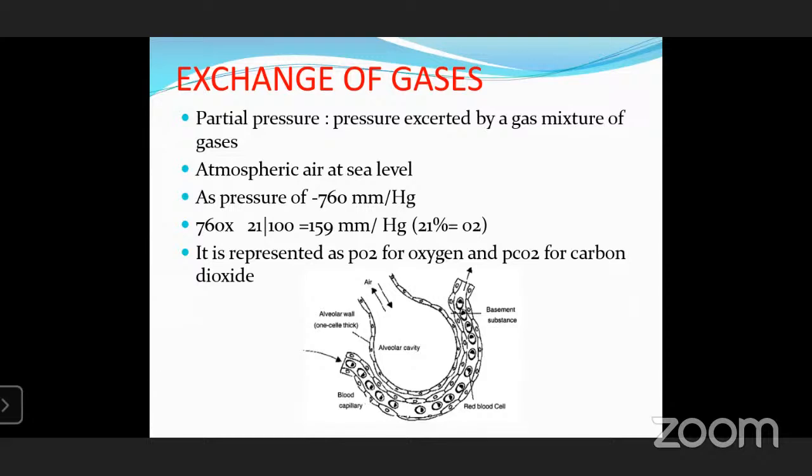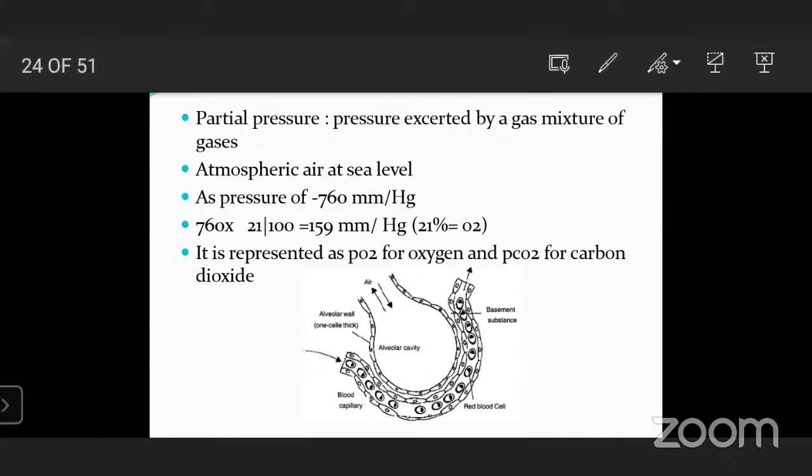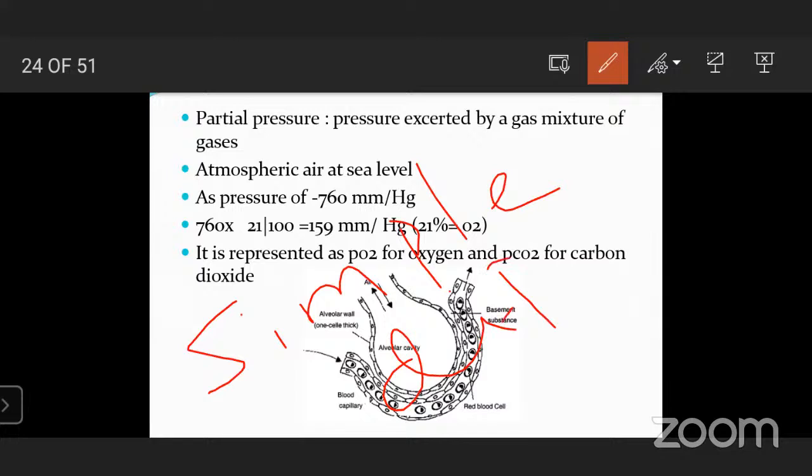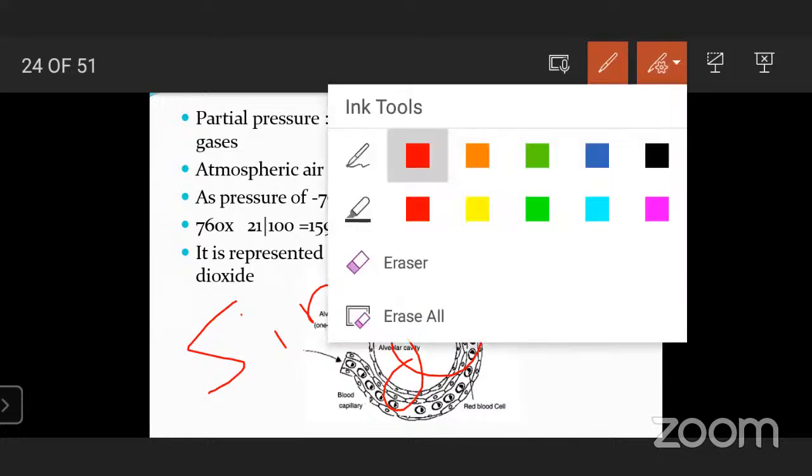The very important point: the exchange of gases takes place by simple diffusion. What is diffusion?